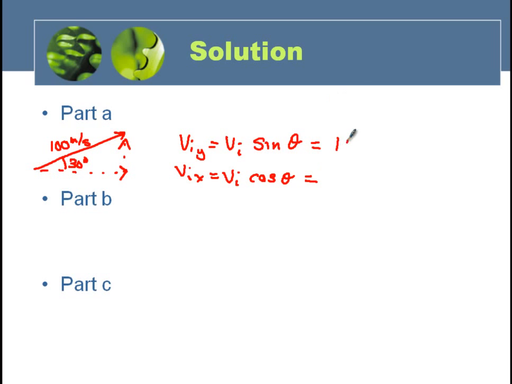So we plug in our numbers, 100 meters per second times the sine of 30 degrees, and 100 meters per second times the cosine of 30 degrees.